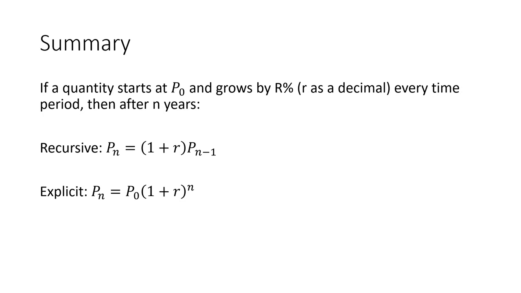So here's a quick summary of the formulas that we used. P0 is our starting value, just like in the past. And if it's growing by R%, which we convert into a decimal, every time period, then after n years, our recursive formula is Pn equals 1 plus r times Pn minus 1.